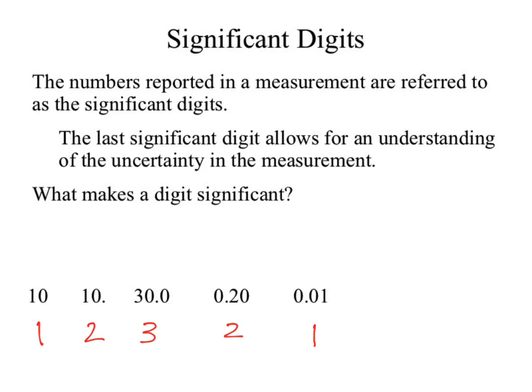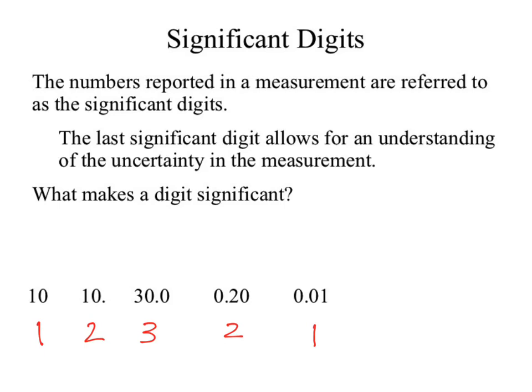What makes a digit significant? It is significant because it was reported by the measuring device. How often are you going to be expected to do a measurement in the lecture? You're not, which means you have to be able to look at a number and know the significant digits, know the numbers that came off of the measurement.